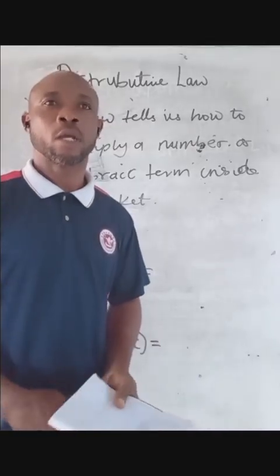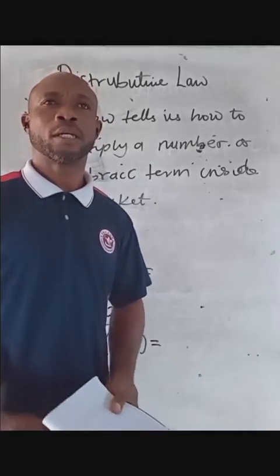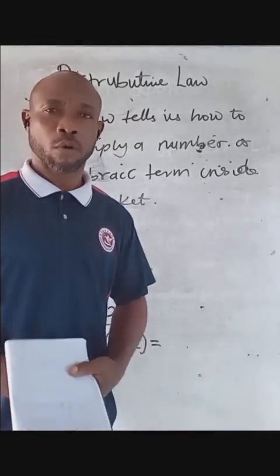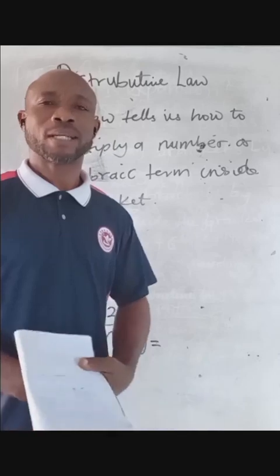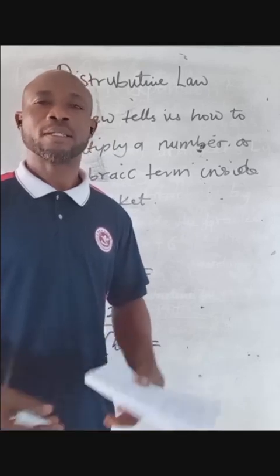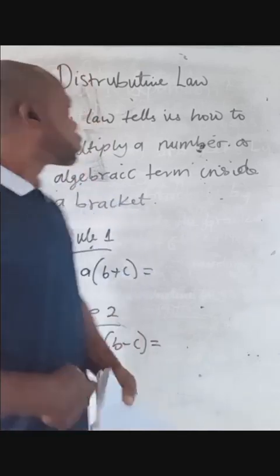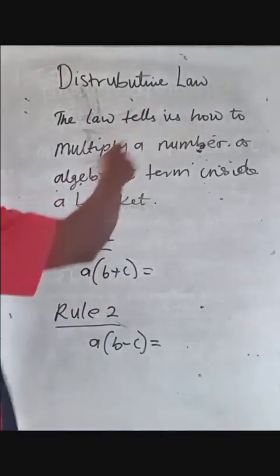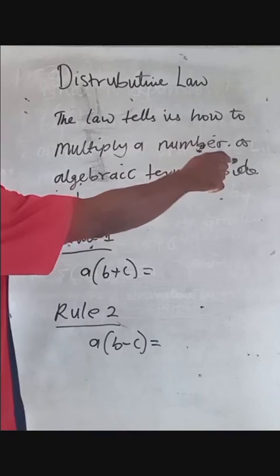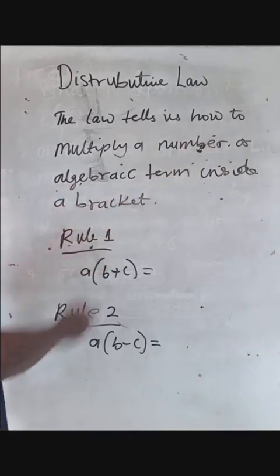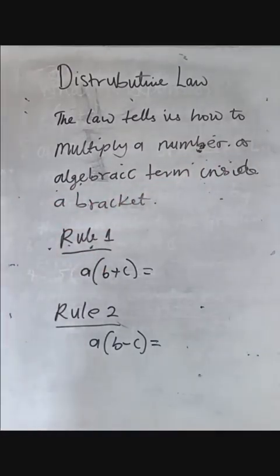In this lesson, we are going to be applying the rules of the distributive law to expand expressions and numbers inside brackets. The law tells us how to multiply a number or an algebraic term inside a bracket.